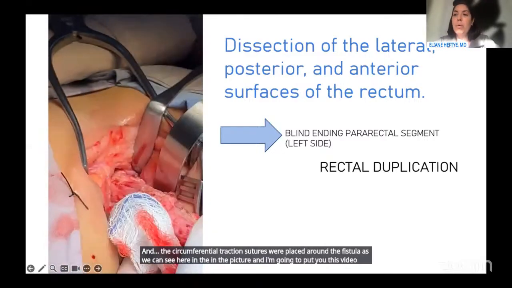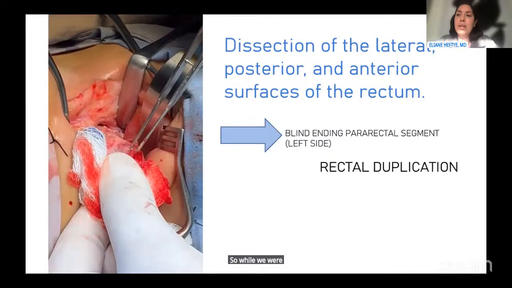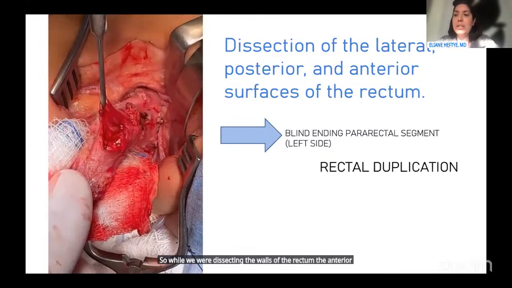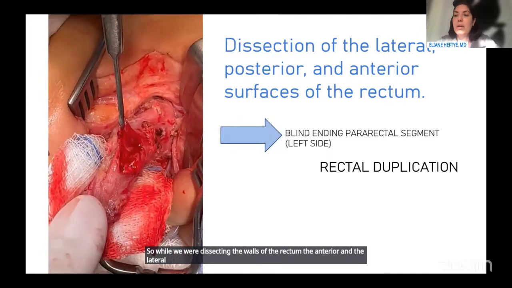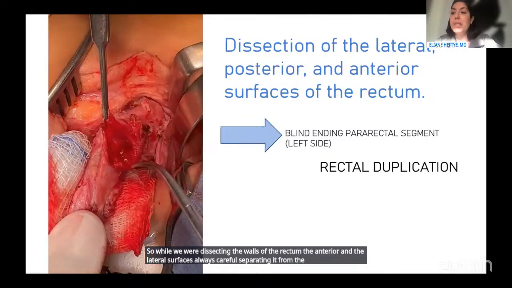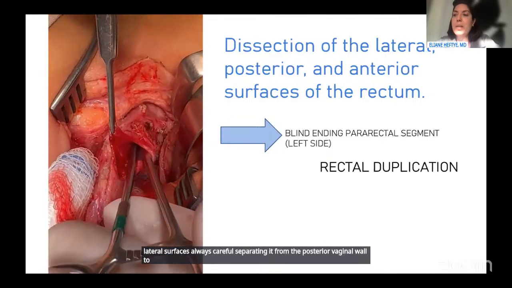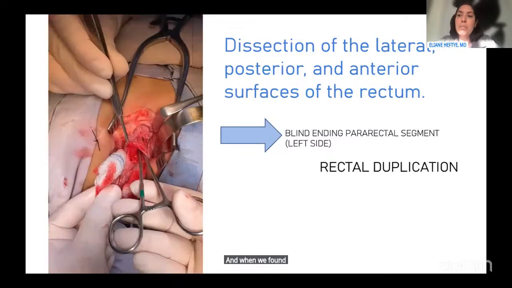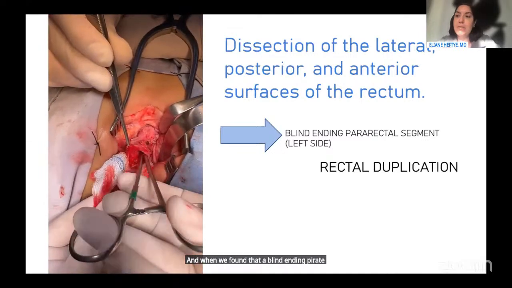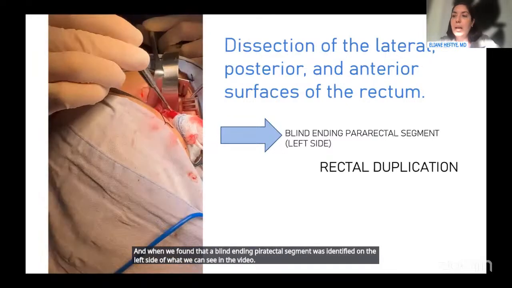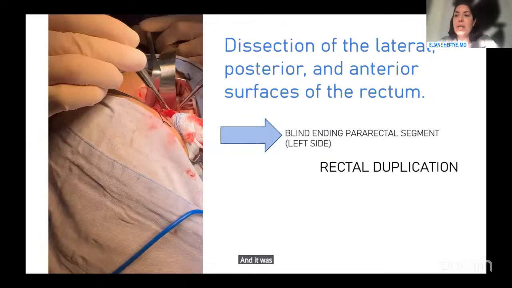While we were dissecting the walls of the rectum, the anterior and lateral surfaces, we were always careful separating it from the posterior vaginal wall to avoid injury. We found a blind-ending pararectal segment on the left side, as we can see in the video, containing abundant mucus and consistent with a rectal duplication.